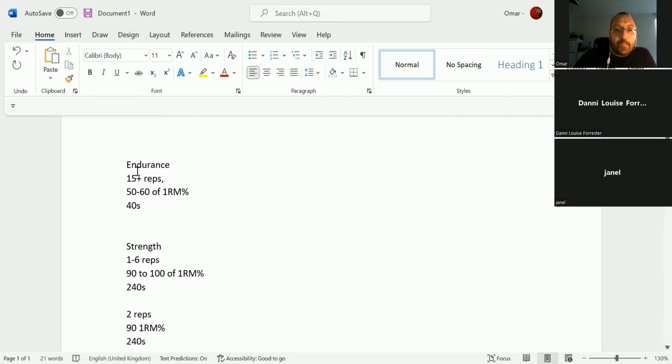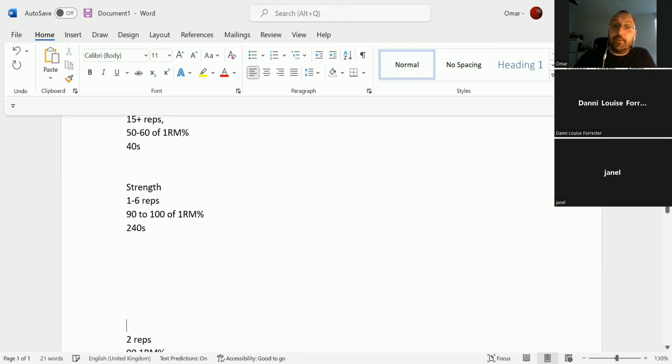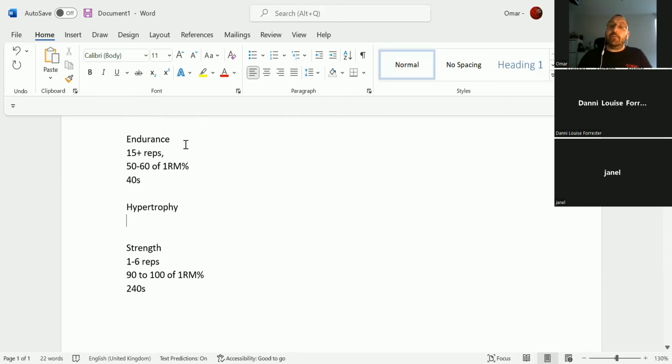Now, there's another one, which is hypertrophy, and it sits right in the middle. Endurance is if you want to have a client running a marathon.